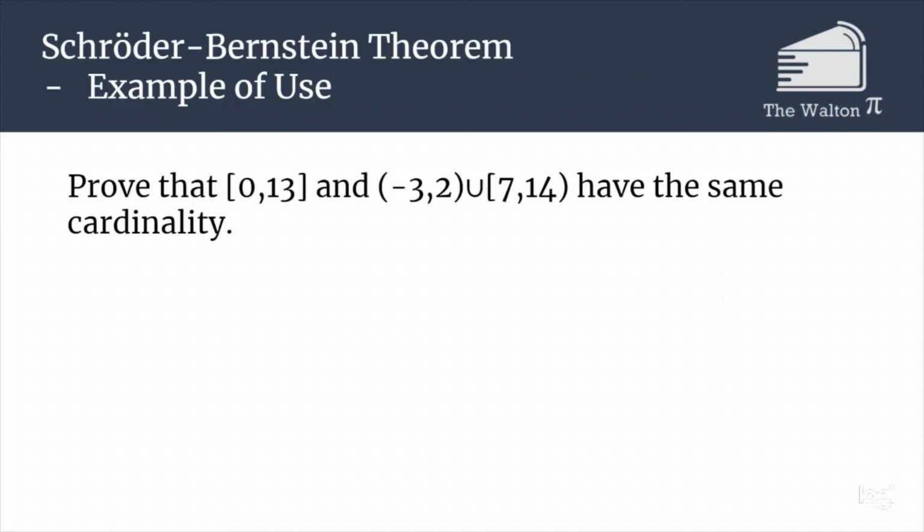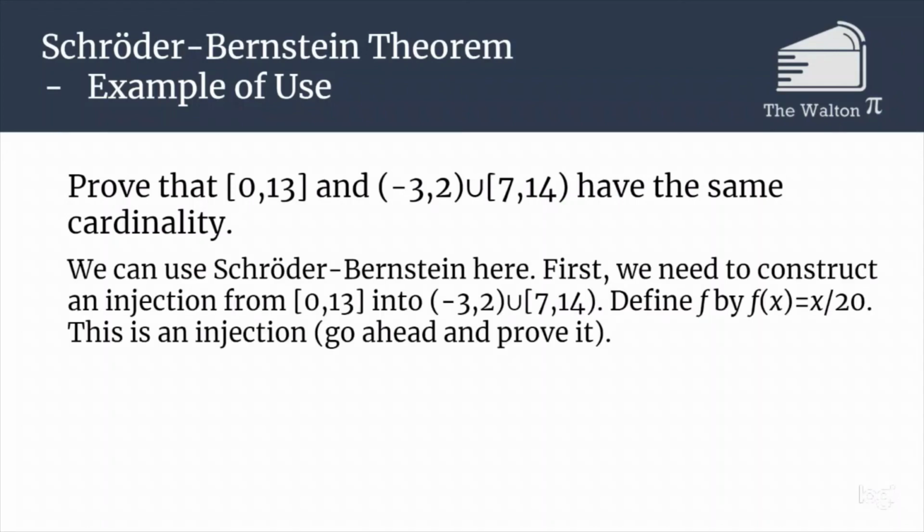An easier way is to use the Schröder-Bernstein theorem to construct an injection from 0 to 13 to the union of those two intervals, and then to construct a separate injection from those two intervals into 0 to 13. So let's construct an injection from 0 to 13 into the interval from -3 to 2 unioned with the interval from 7 to 14.